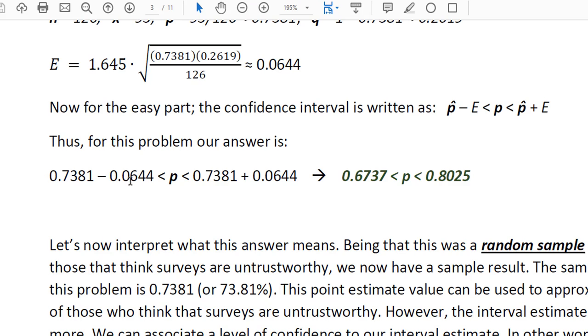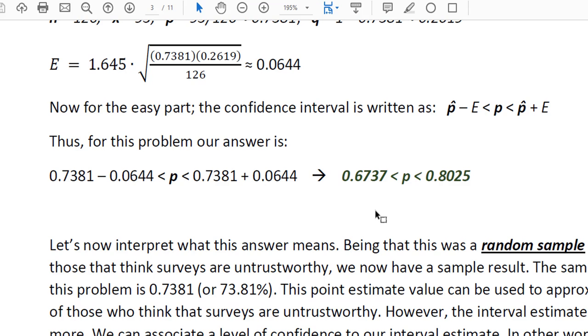When we do the simple arithmetic here and here, we get 0.6737 is less than p, which is less than 0.8025. What this means is that the population proportion is between 0.6737 and 0.8025. One of the biggest problems that students have in probability and statistics is interpreting what a result actually means.